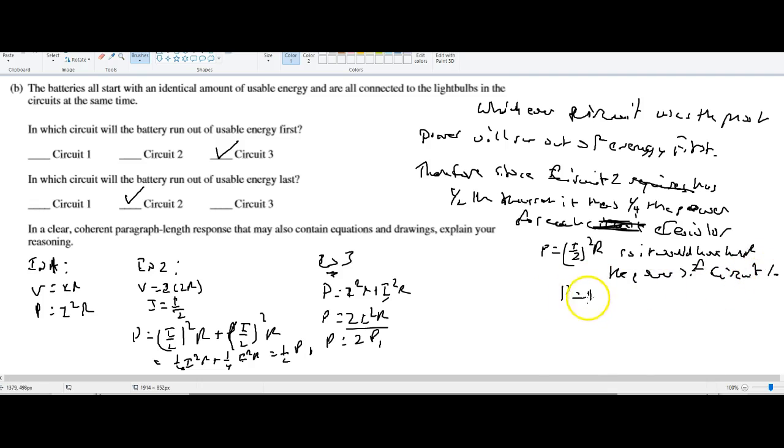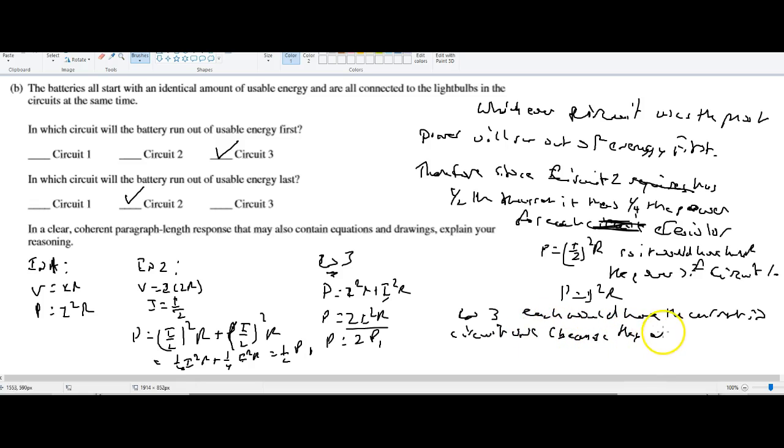And I'd go P equals I squared R. And then for my last one, I would go in 3. Each would have the current in circuit 1 because they are in parallel. Out of space and out of ability to write.